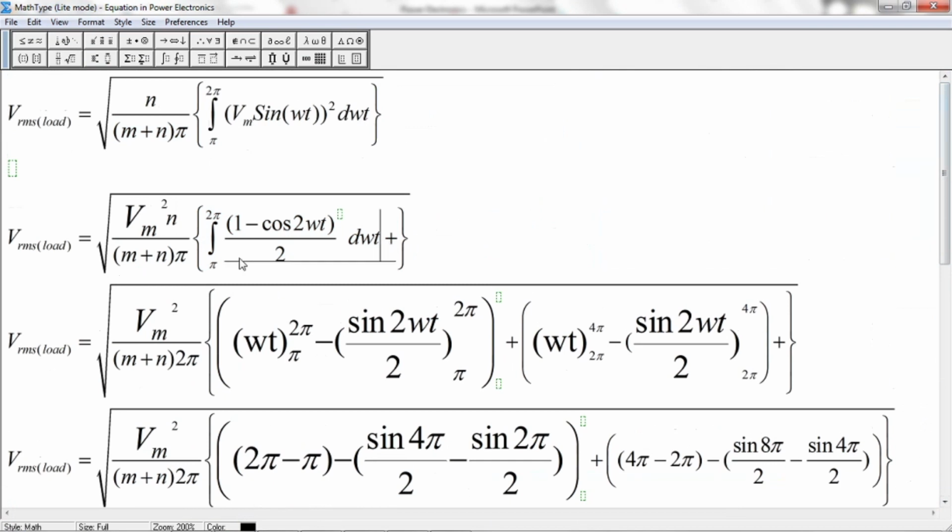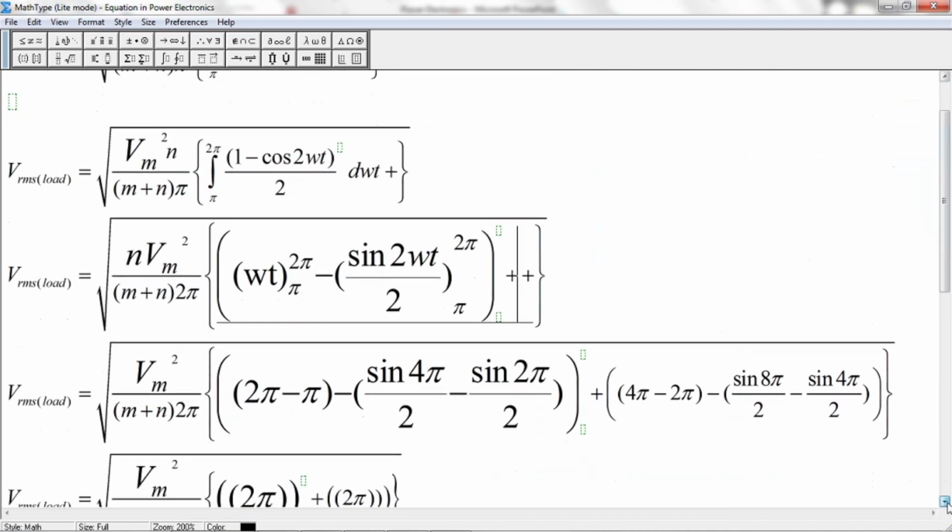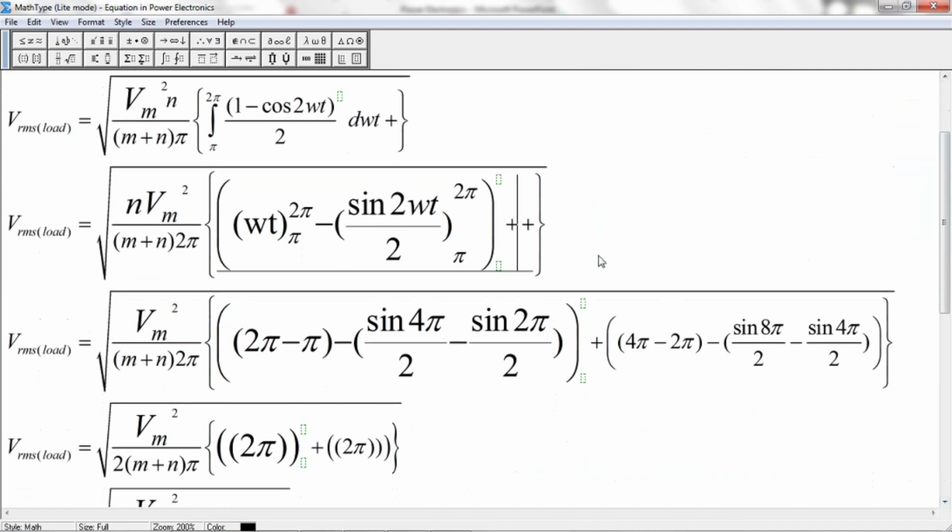Then there is an n here, and an n here, so this part is not there. This is also not there.